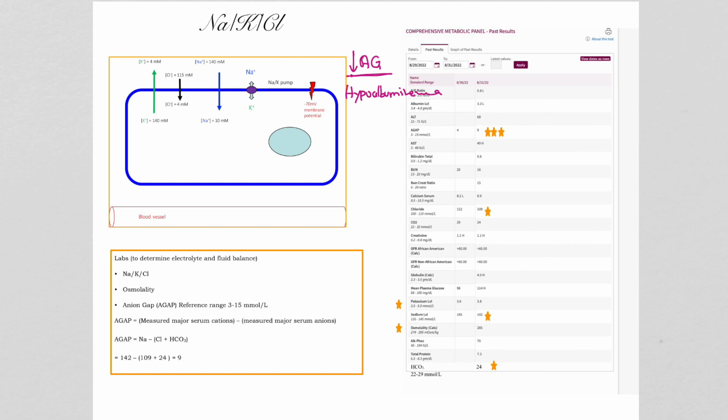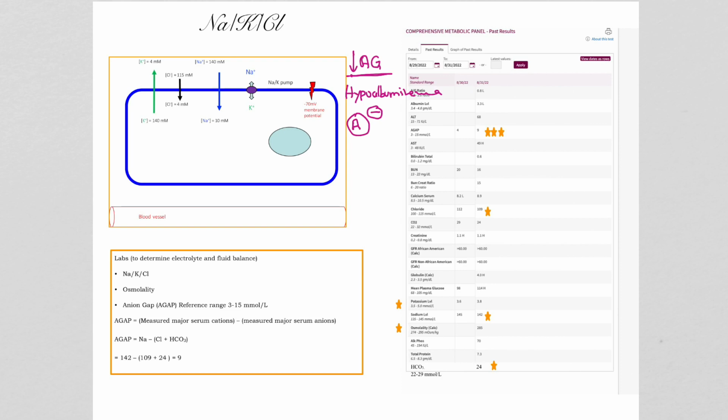Now, albumin normally is anionic. If the pH is 7.4, then it's an anionic protein. So if the albumin concentration goes down, what's going to happen? It's going to result in a low anion gap.